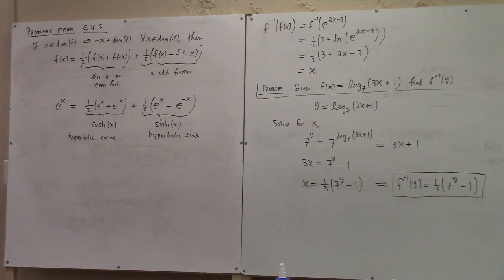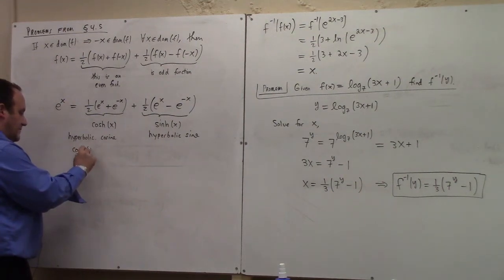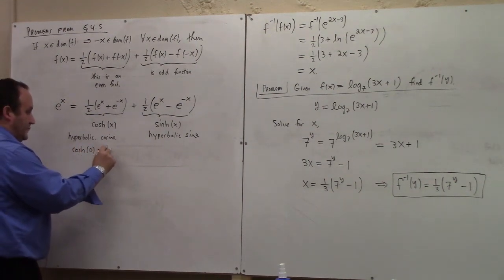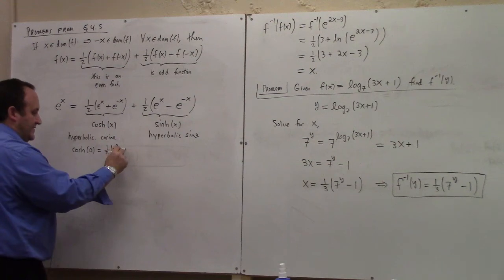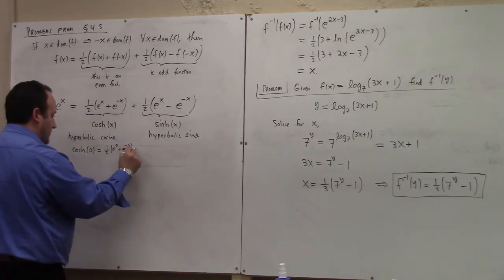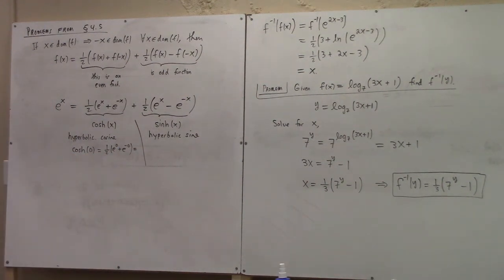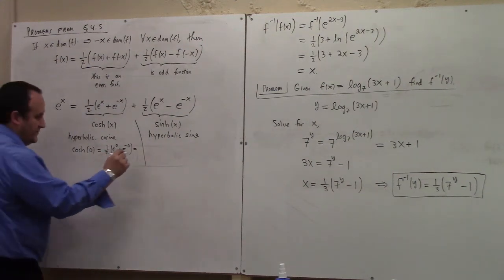So here are some basic facts about it. Cosh of 0 is what? 1/2 of e to the 0 plus e to the minus 0. What's e to the 0? It's 1, right? So this is 1/2 of 1 plus 1, which is 2 over 2, which is 1. So the cosh of 0 is 1.